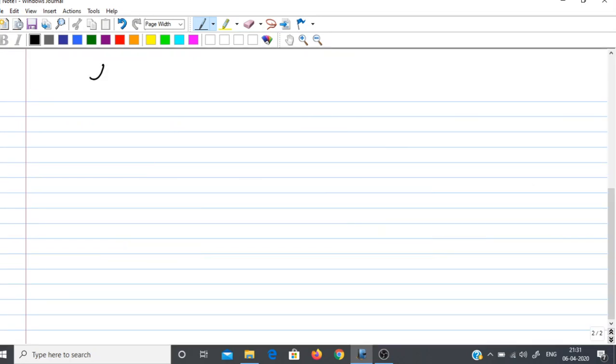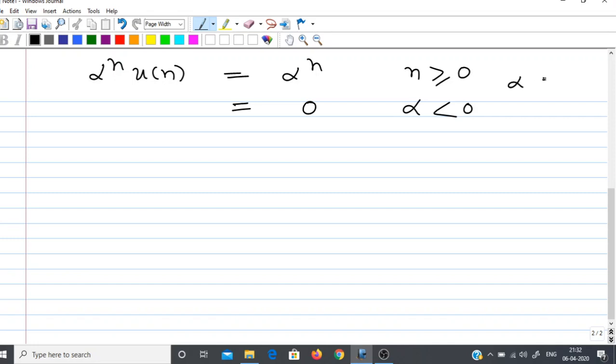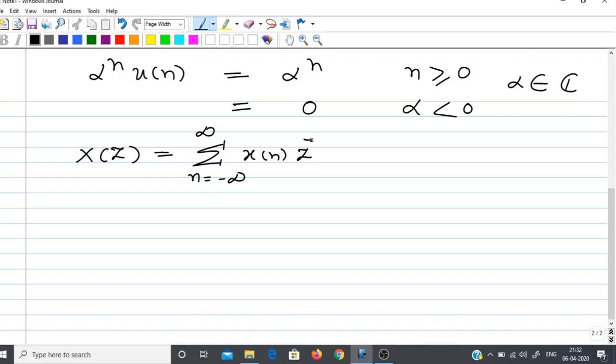So let us say now the sequence is alpha to the power n u[n], means it is alpha to the power n for n greater than or equal to 0, and it is 0 for n less than 0, where alpha belongs to the set of complex numbers. So from the definition of Z transform, the definition is summation over n from minus infinity to plus infinity x of n z to the power minus n.